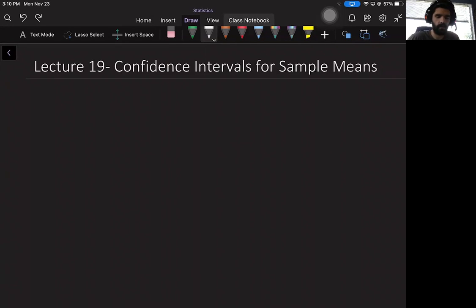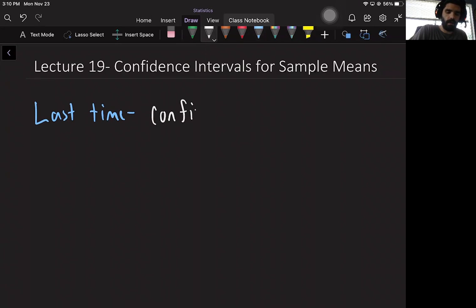So today we're talking about confidence intervals again, but for sample means instead of proportions. Last time we did confidence intervals, but it was all about proportions.